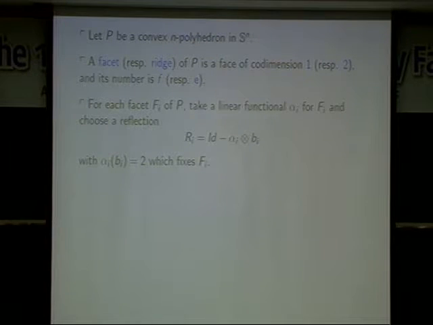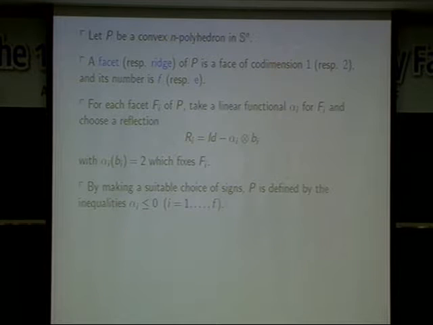So for each facet F_i, we take a linear function alpha_i for F_i, and choose a reflection R_i satisfying this. So for each facet we have one reflection. And by making a suitable choice of sign, P is defined by the following inequalities.